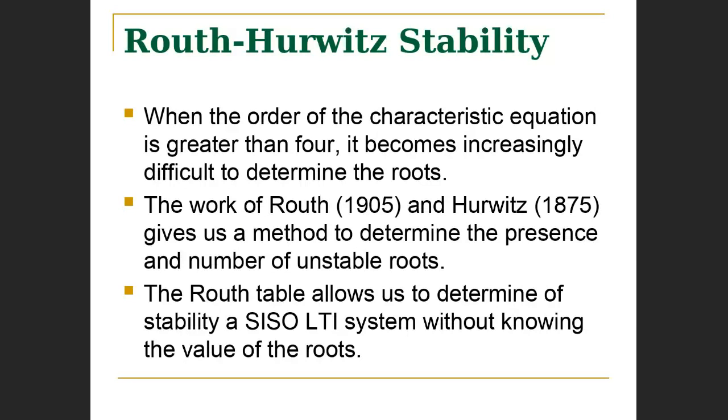All right, we're going to close off with another stability assessment using the Routh-Hurwitz stability method. What applies here is that when the order of the characteristic equation is greater than 4, meaning the polynomial is of order higher than 4, it's really difficult to determine the roots and make this assessment.